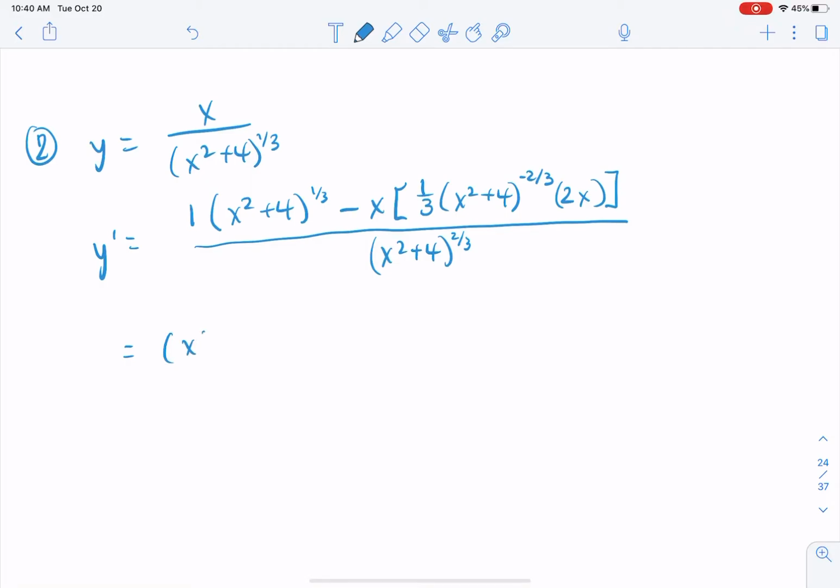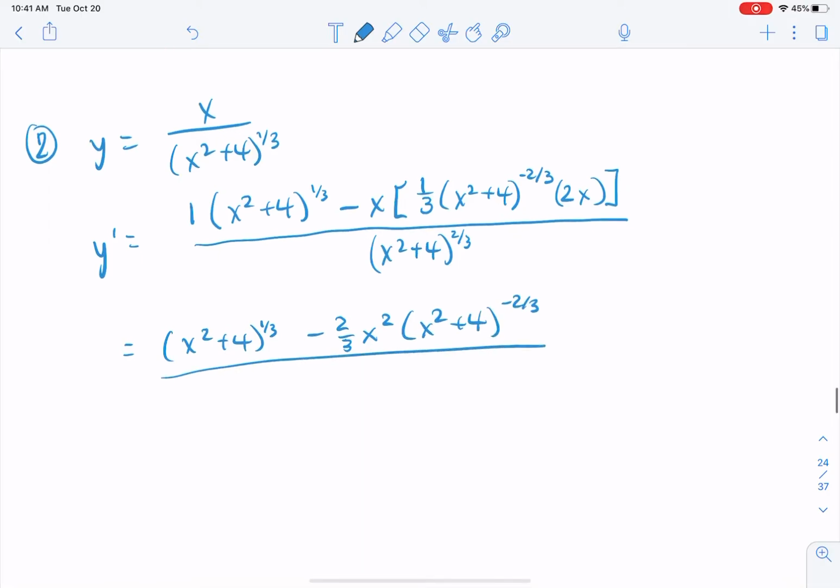We know this: x squared plus 4 to the 1/3 power. And then whenever I go to clean this thing up, I'm going to bring this 2x out here with this 1/3 and this x to make this a negative 2/3 x squared, and then x squared plus 4 to the negative 2/3 power. Yep.